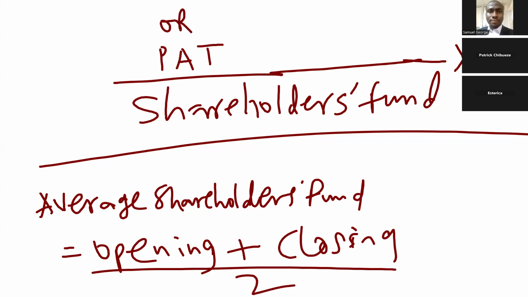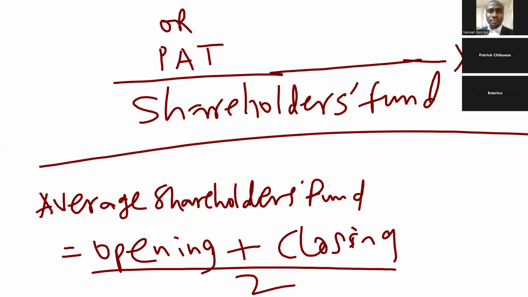That's the average. Now, the only time you can use a third formula is when, by the way they set the question, you will not be able to tell what is opening or what is closing. Then you can use the third formula.